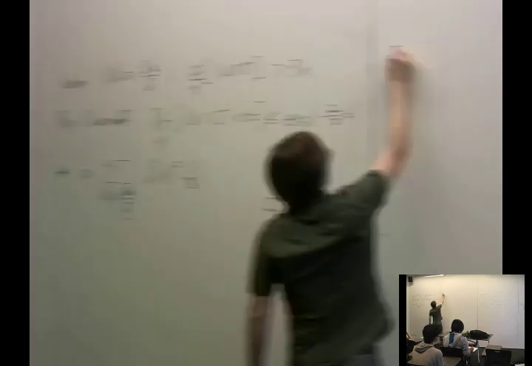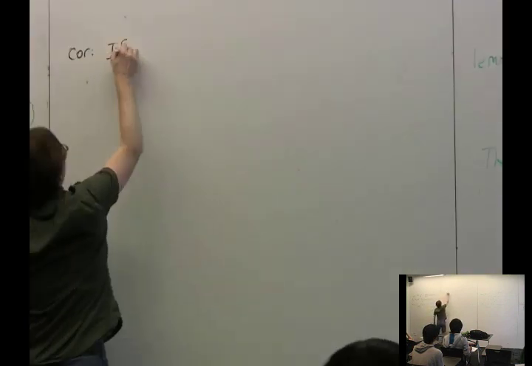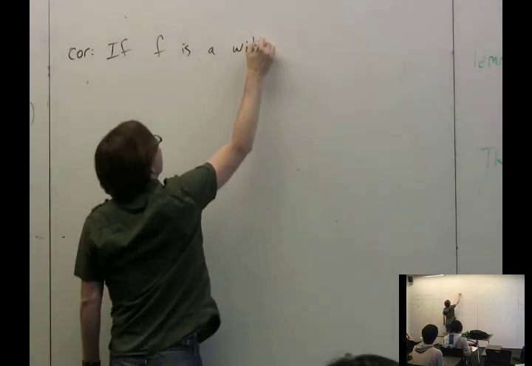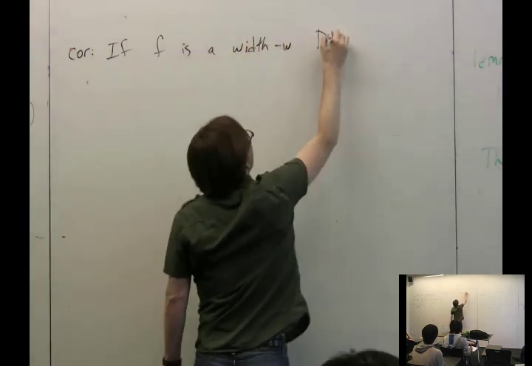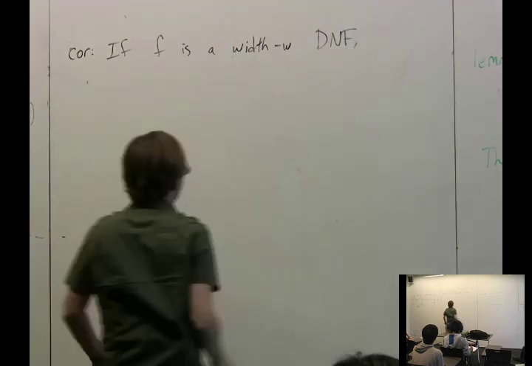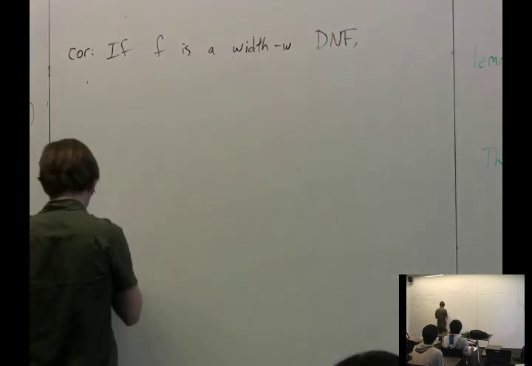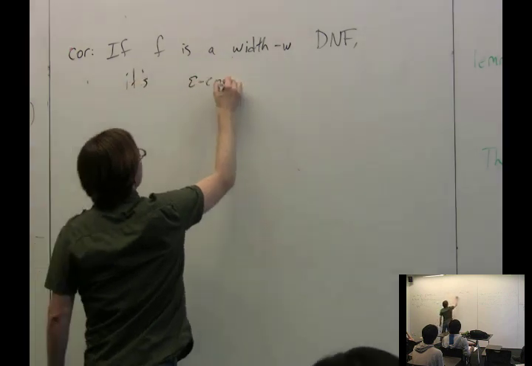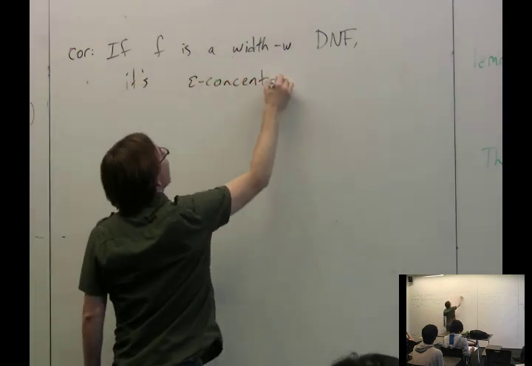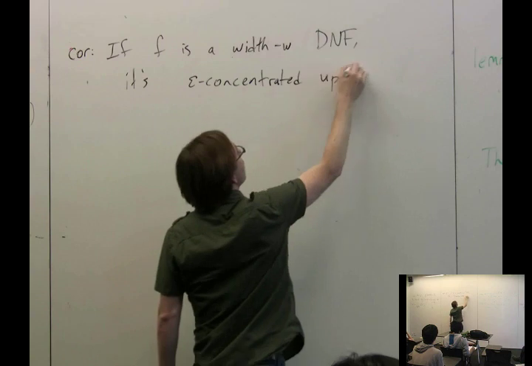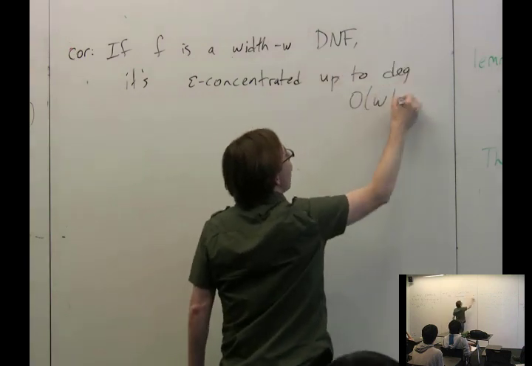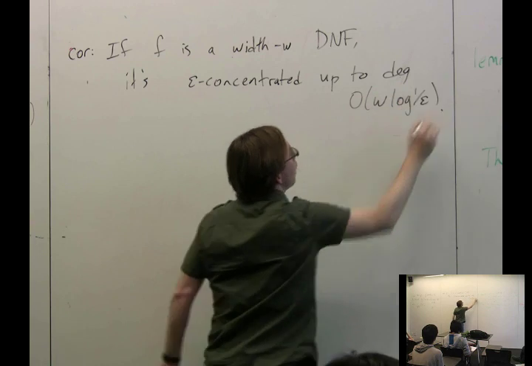Literally putting the parameters together, if f is a width w DNF, its spectrum is epsilon concentrated up to degree O of w log 1 over epsilon.